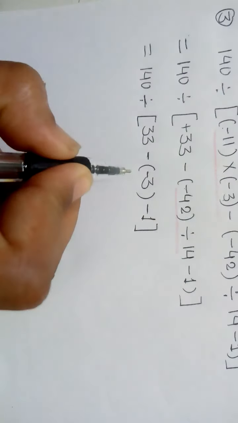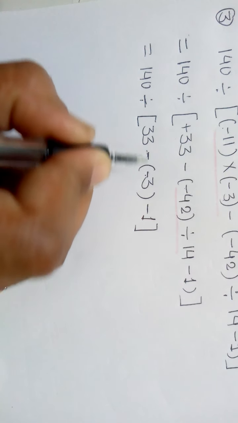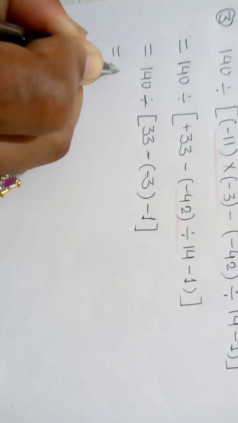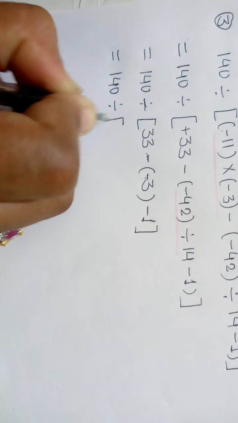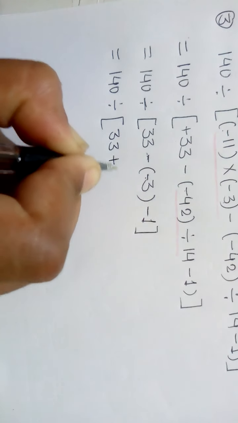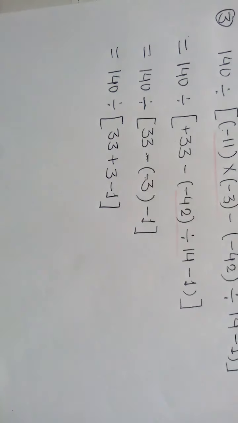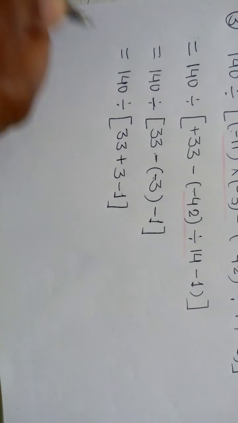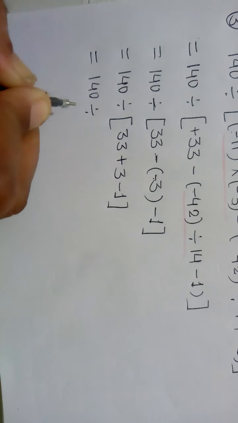Now first we will remove these signs. Here it is minus, here also minus. See, minus minus will be plus. So we will write one more step, that is 140 divided by 33 minus minus becomes plus, plus 3 minus 1, bracket complete. Now the bracket is still not completely solved. So we will solve the bracket, 140 as it is divided by.